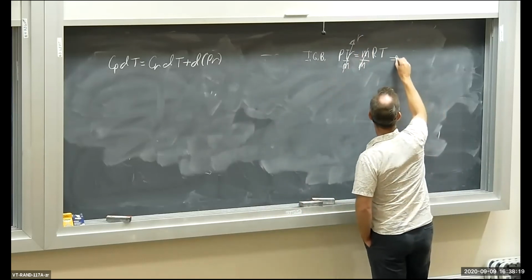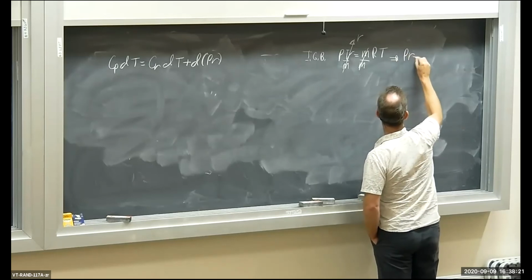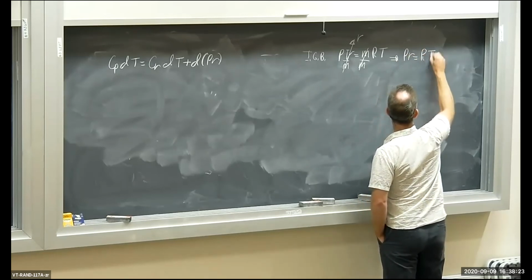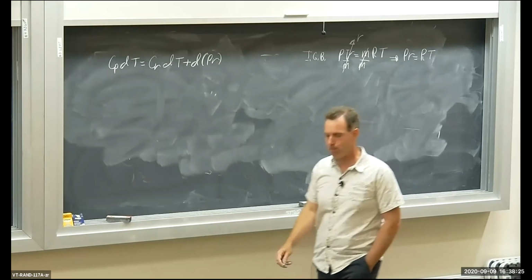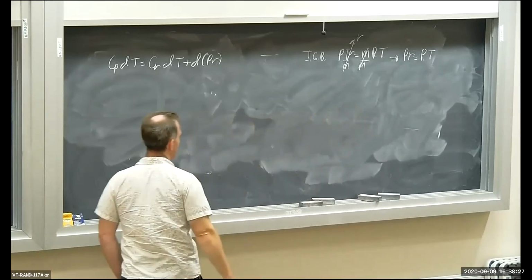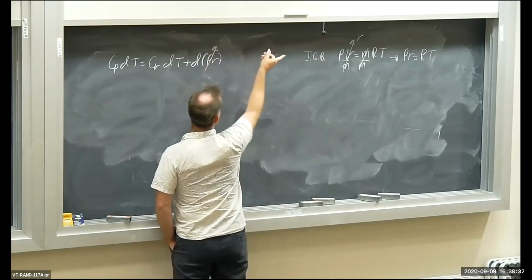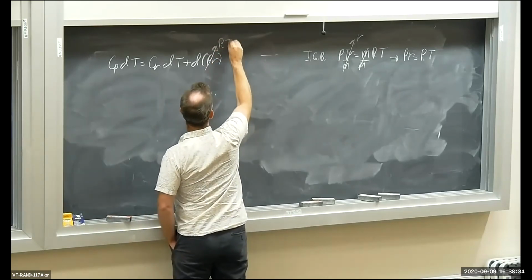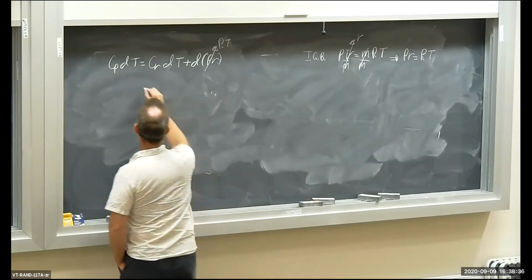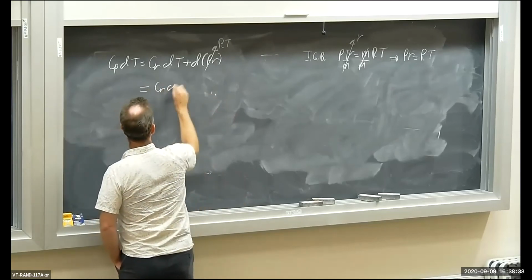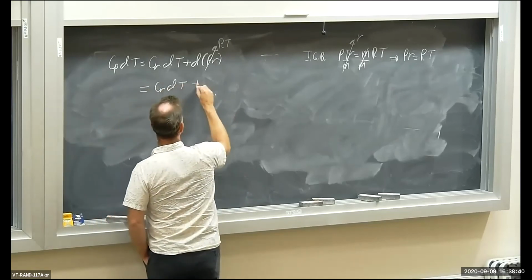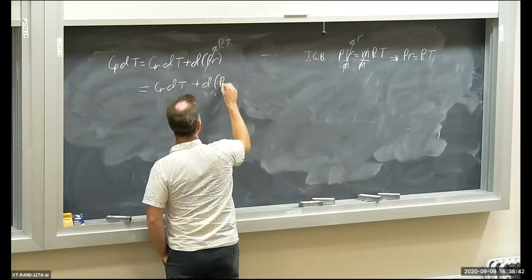So pressure times specific volume is equal to RT. Let me substitute pressure times specific volume into here. So that is RT, and so I get Cv dT plus d(RT).